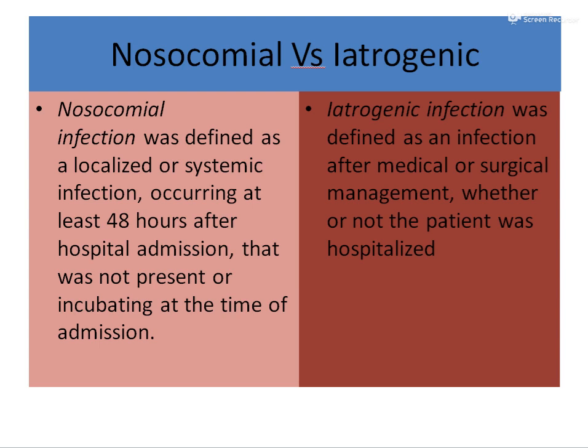If such a disease comes after 48 hours of hospital admission, and it was not present earlier, then you consider it a nosocomial infection. And an iatrogenic infection is defined as an infection after medical or surgical management, whether or not the patient was hospitalized.